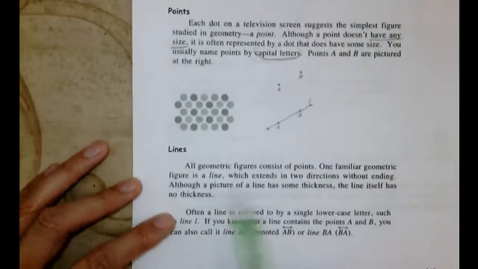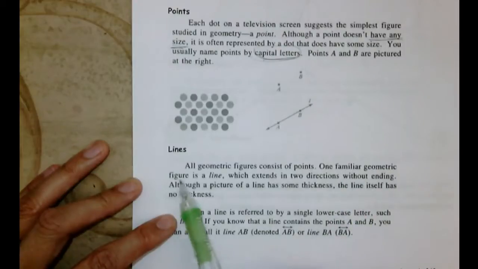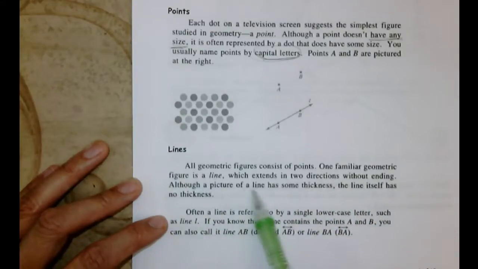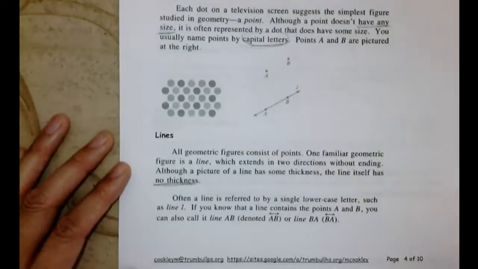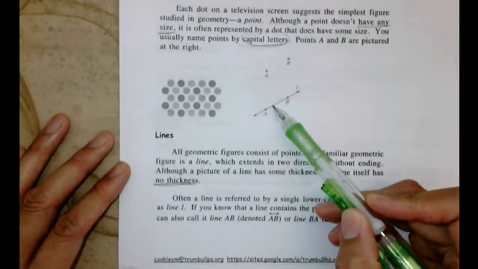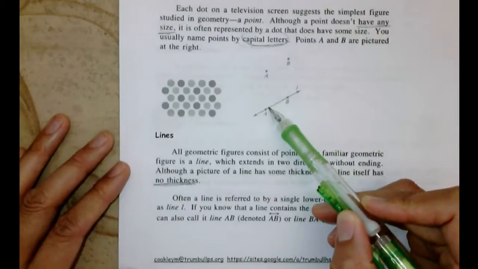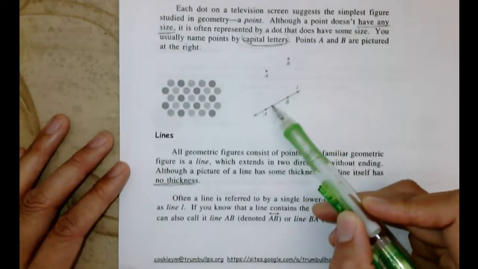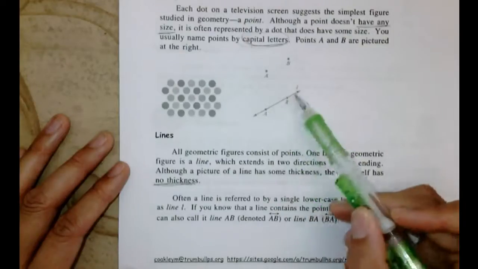Lines. All geometric figures consist of points. One familiar geometric figure is a line, which extends in two directions without ending. Although a picture of a line has some thickness, the line itself has no thickness, just like a point has no size. The line is a collection of points, so there is an infinite number of points here. Since the points do not have any thickness, the line has no thickness, and it extends infinitely in both directions.